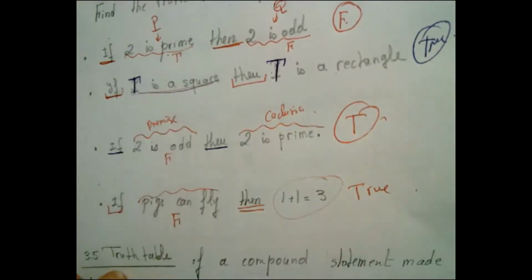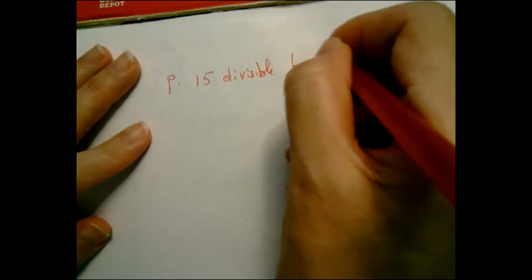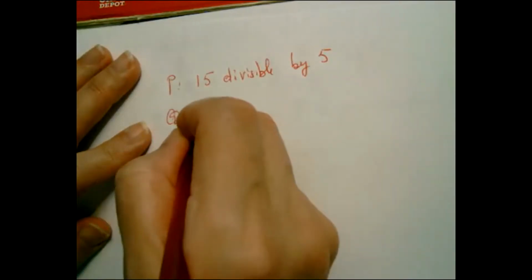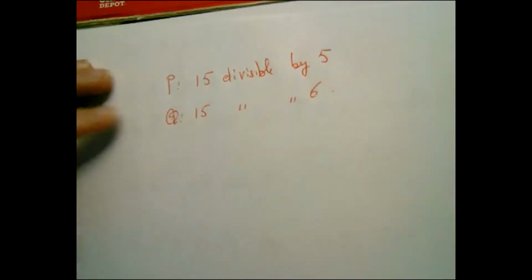Let us say I ask you the following questions. I say, let P be the statement 15 divisible by 5, and Q, let us say, 15 divisible by 6.